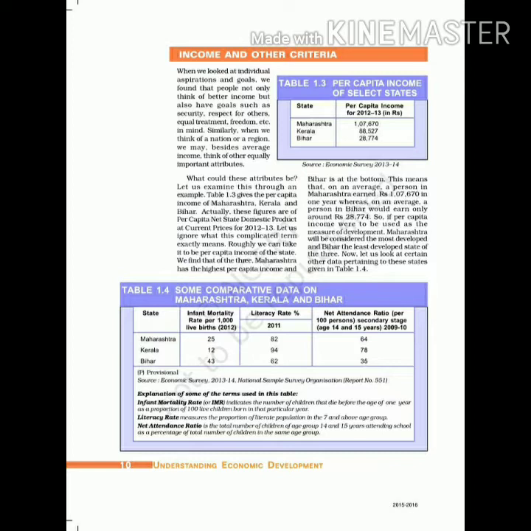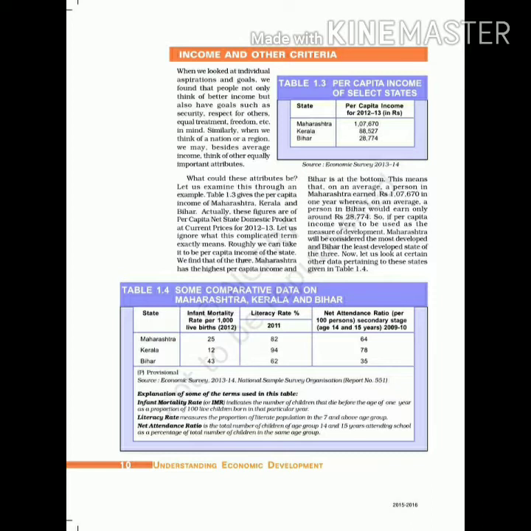Now, what is literacy rate? Literacy rate is the proportion of literates who are in the age group of 7 years and above. So, this is literacy rate. Net attendance ratio.